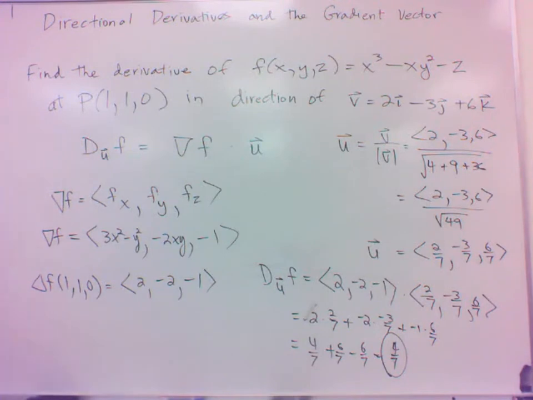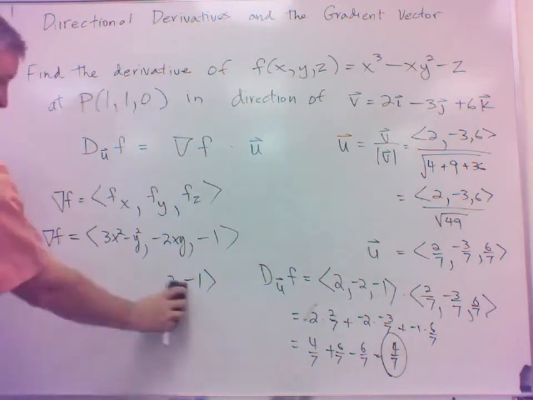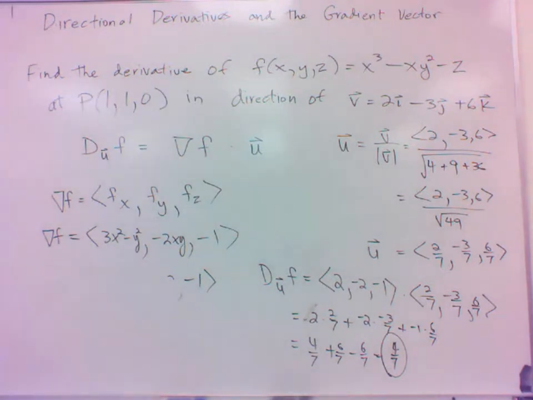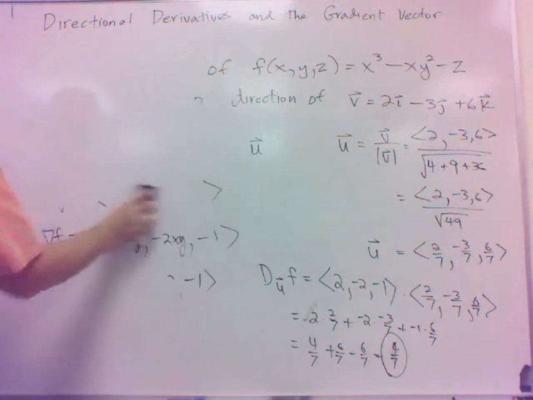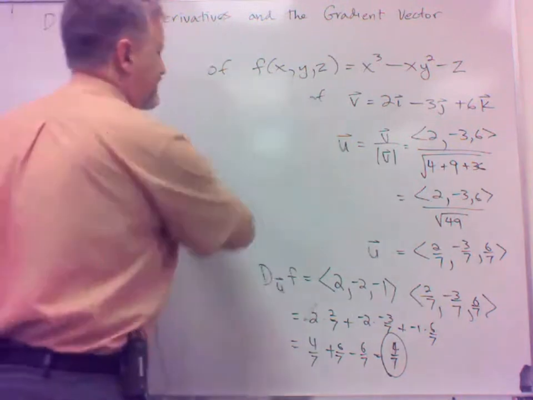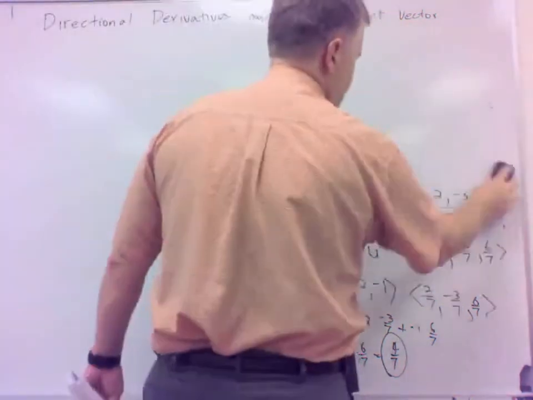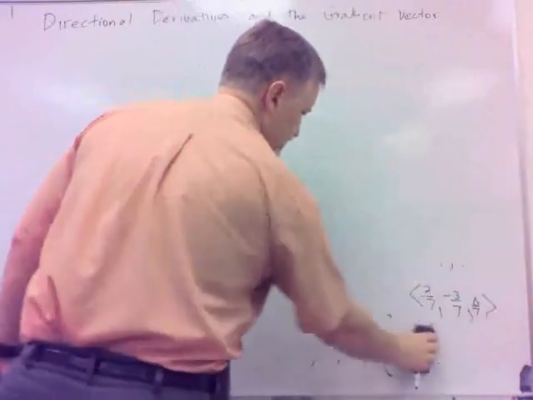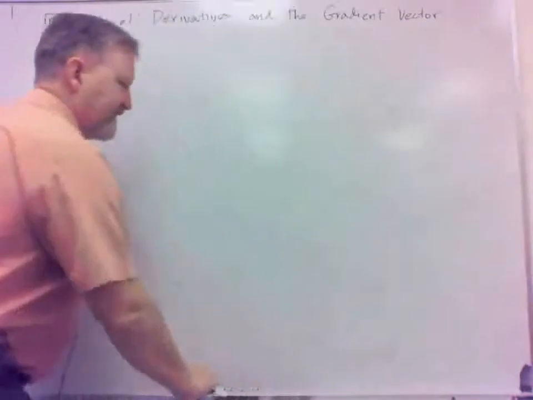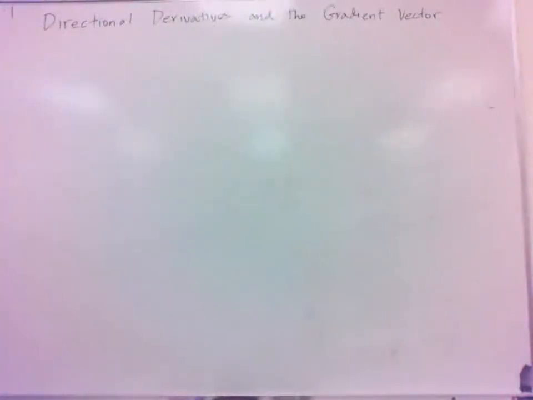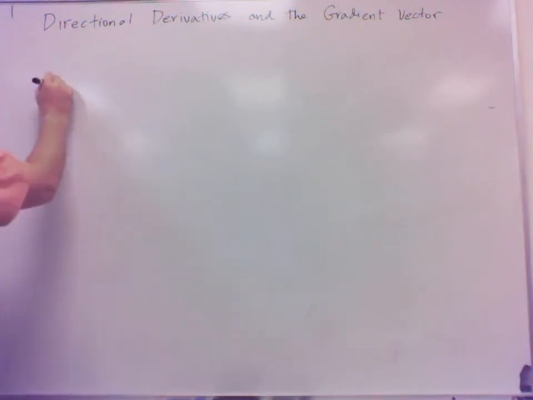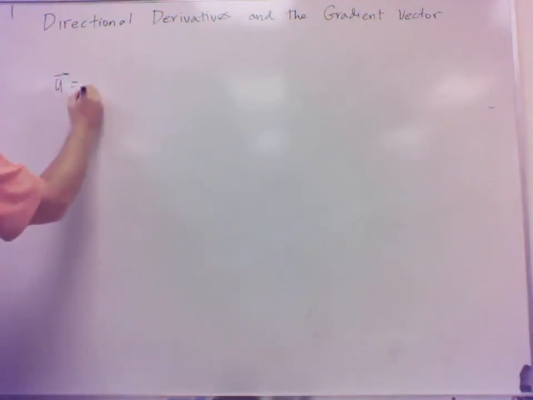Now, I kind of mentioned it before, but I want to re-emphasize here that the partial derivative with respect to x and with respect to y is just a special case of the directional derivative. If we want the derivative in just the x direction, then that would make our unit vector what?